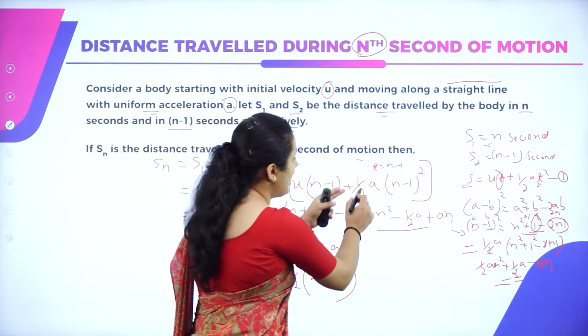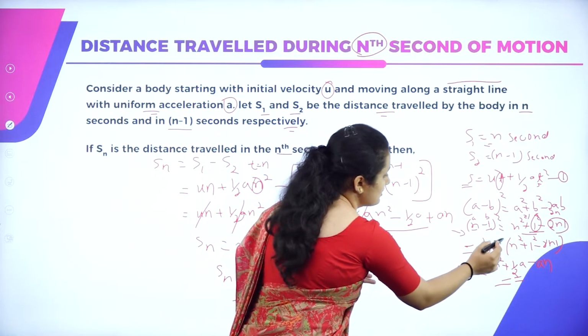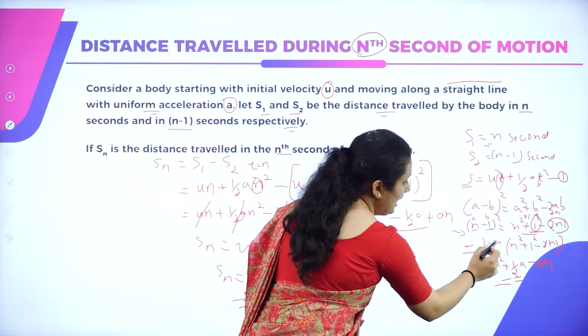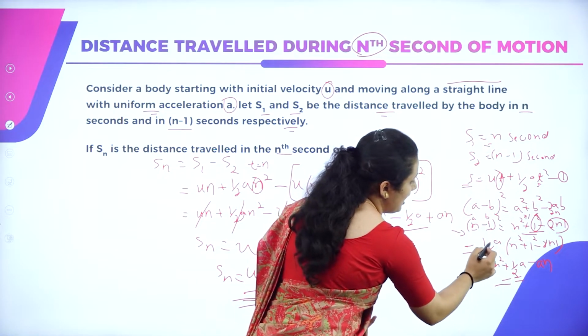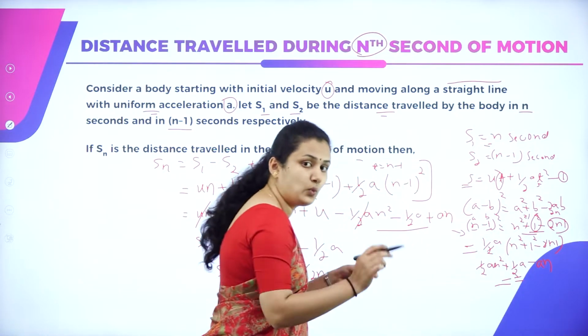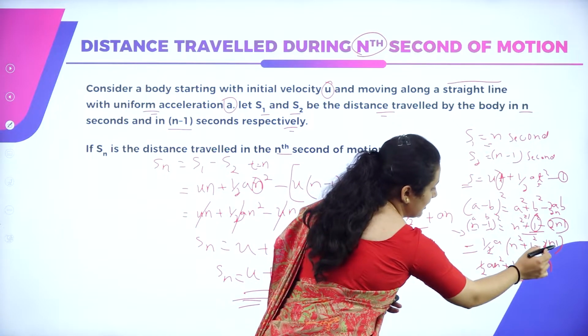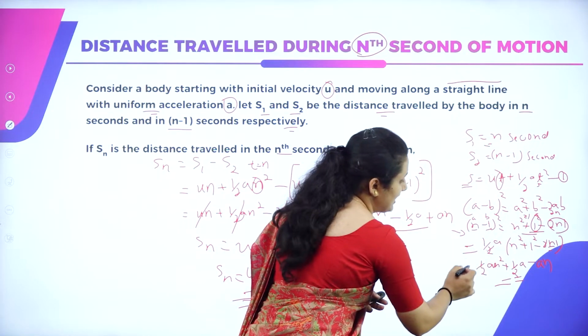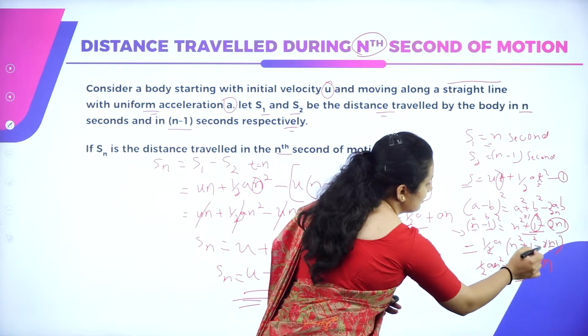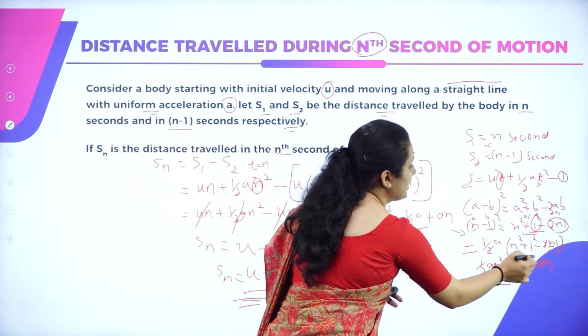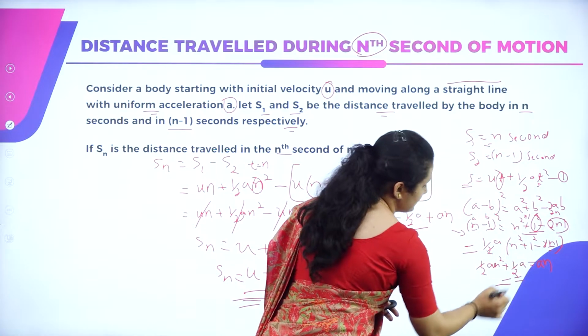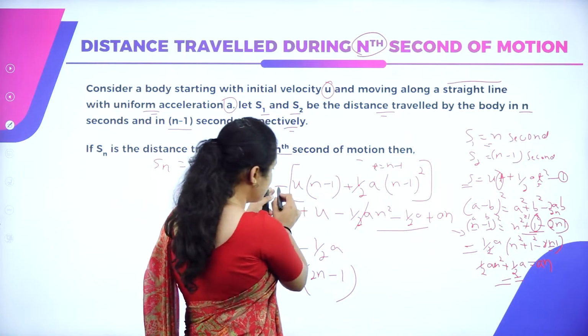So when you multiply half to this (n minus 1) whole square, you get half a n square plus half a, 1 square is nothing but 1 itself, plus half a times minus 2n. Half and 2 get cancelled, so it will be a n. The negative sign remains as it is. So you have a negative sign outside.